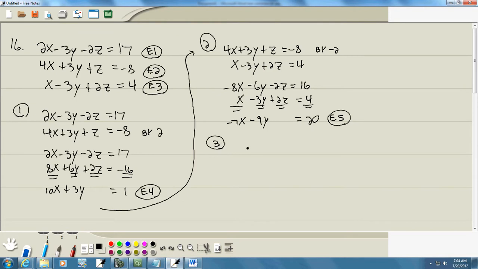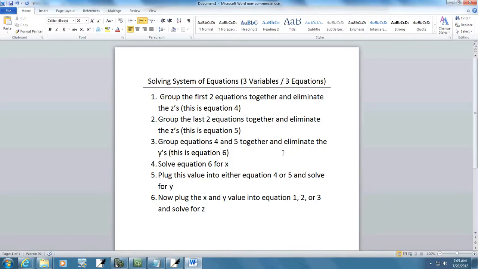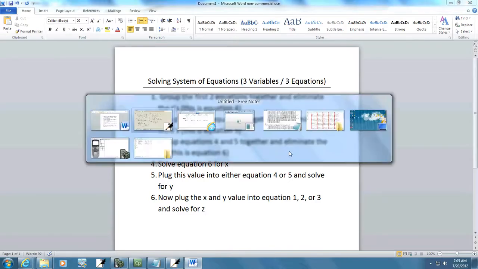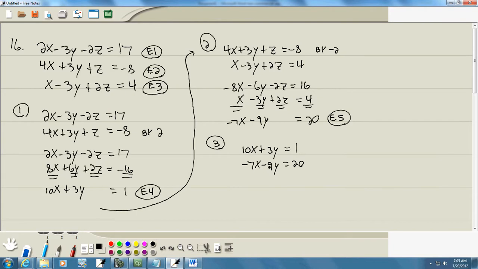Step 3. Group equations 4 and 5 together. So we've got 10x plus 3y equals 1, and negative 7x minus 9y is equal to 20. Now remember, step 3 also says after you group those together, eliminate the y's. Well, this is negative 9y. This would need to be a positive 9y. So I'll multiply the first equation by 3.